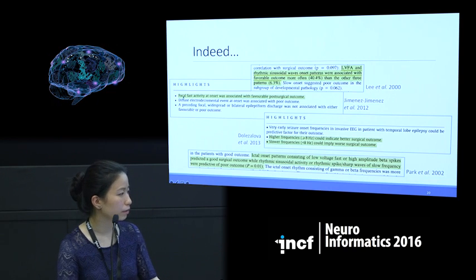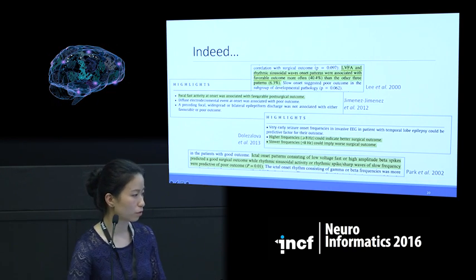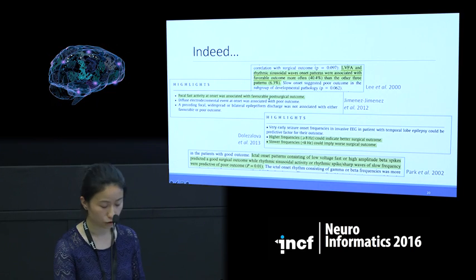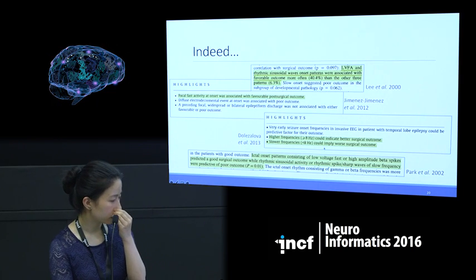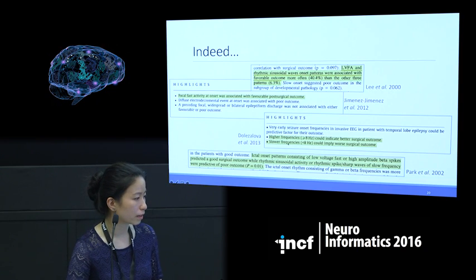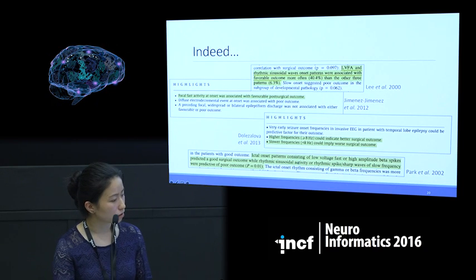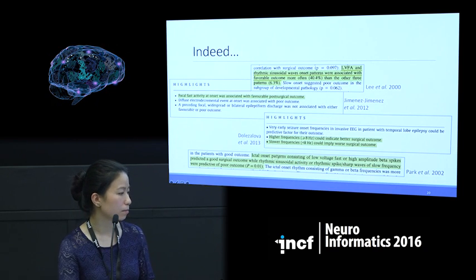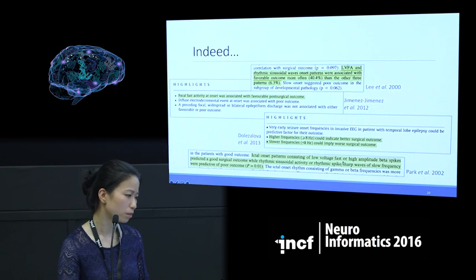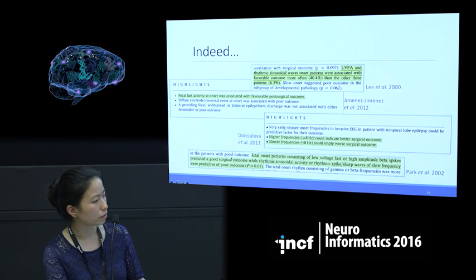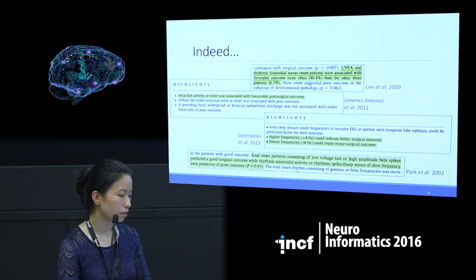In this paper, equally, fast focal activity at onset was associated with a favorable post-surgical outcome. Here they distinguished by frequencies, and higher frequencies, higher than 8 Hertz, indicated better surgical outcome. Here it's slightly less clear-cut, where it says that low-voltage fast activity, but also high-amplitude beta spikes, predict a better surgical outcome than the other types.